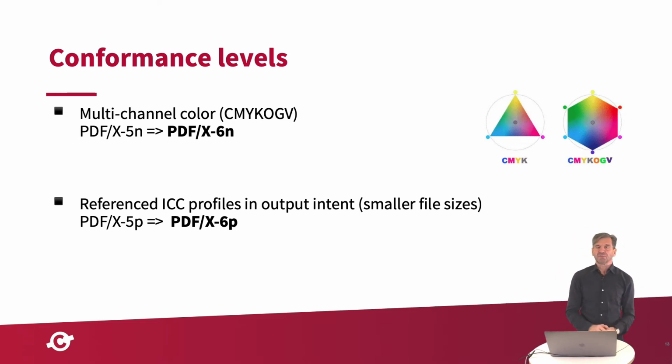That doesn't really make sense. It's so big, and the ICC profile doesn't have lots of information. So it is useful when you're dealing with standard profiles anyway, when receiver and sender know what ICC profiles to use, and then you would just use a reference instead of embedding the ICC profile.